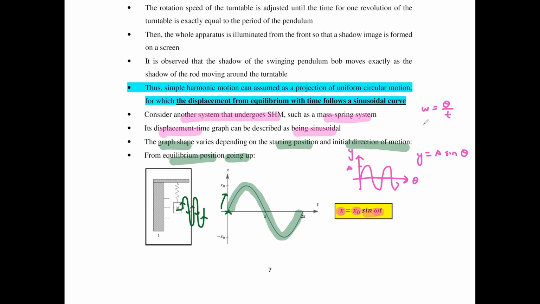So theta is omega t here. So you sub this in, you're going to get a sine omega t. All right, that's how you get this graph shape. Okay, so the derivation of this, you don't need to know. You just need to remember that if you have this shape, then generally the equation is like this. Okay, so this one is for one case where your object is going from the equilibrium position going up.